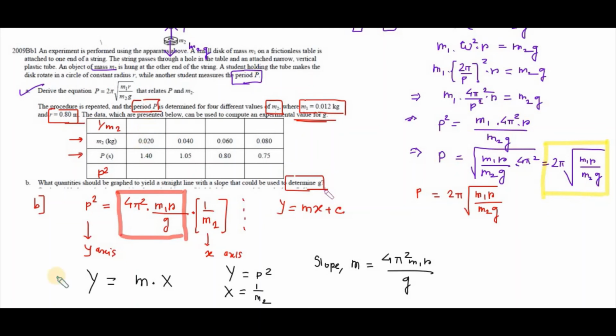According to the given statement, what quantity should be graphed to yield a straight line with a slope? The quantity plotted along the y-axis is P square, and along the x-axis is 1 by m2. Then only we will get the straight line, and after plotting the graph, from the slope we can extract the value of g.